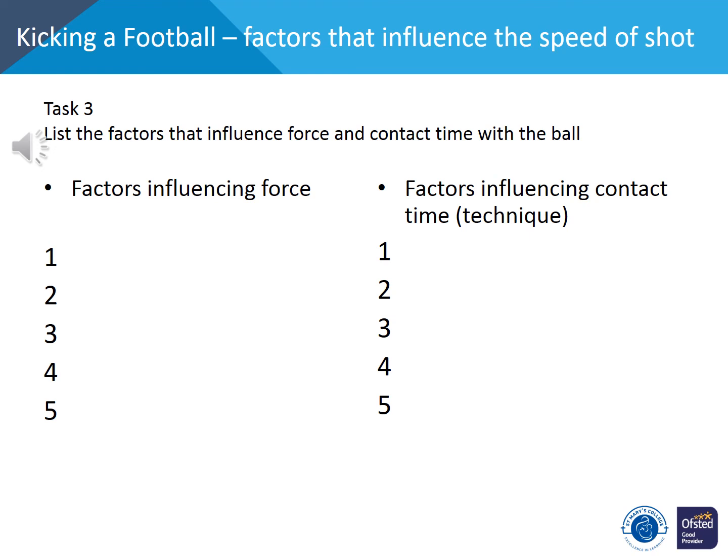And also the position of the near impact does affect the contact time on the ball, and particularly where you strike the ball on your foot. Okay, so you may have found other factors, but there's a whole host of factors that can influence our efficiency when kicking a ball.